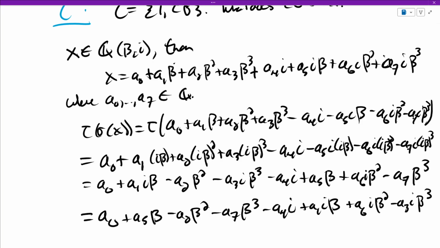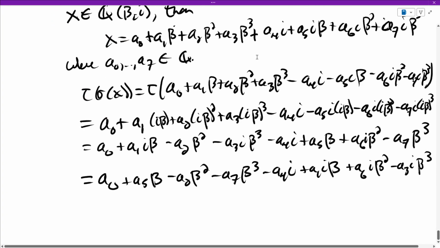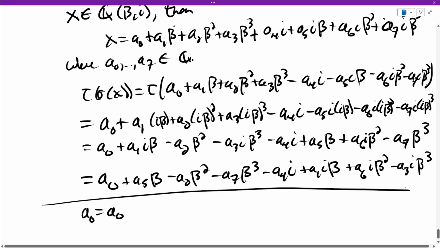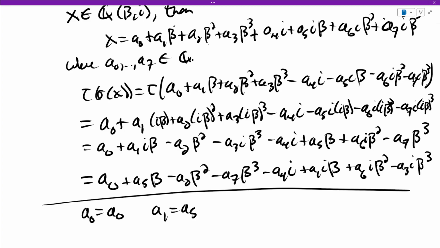And now what we need to do is say, hey, τσ of x needs to be fixed. So that should be an x. So now we're going to compare coefficients. So the constants are the constants. So A0 is A0. A1 β needs to be equal to A5. A2 β squared needs to be equal to negative A2. A3 needs to be equal to negative A7.